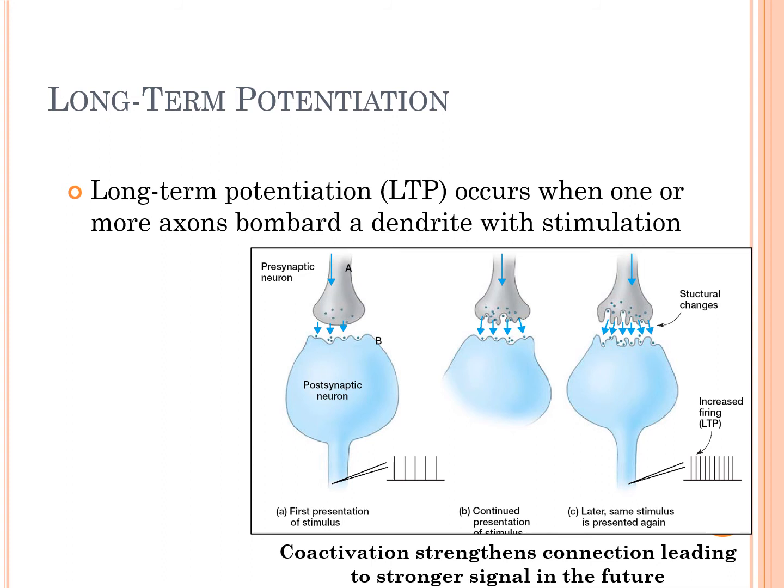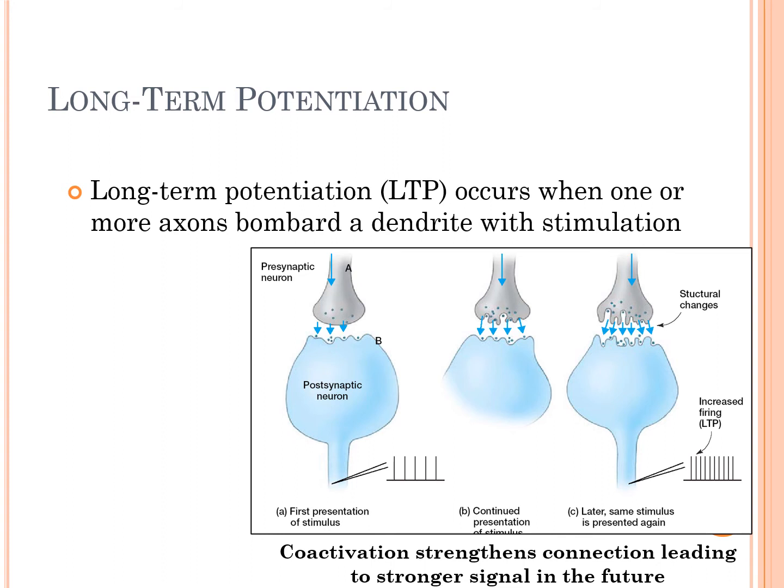We've looked at a picture before showing dendritic spines, that we can create spines off this dendrite so that we have even more areas for receptors to go, so we can respond more efficiently in a strong synapse.